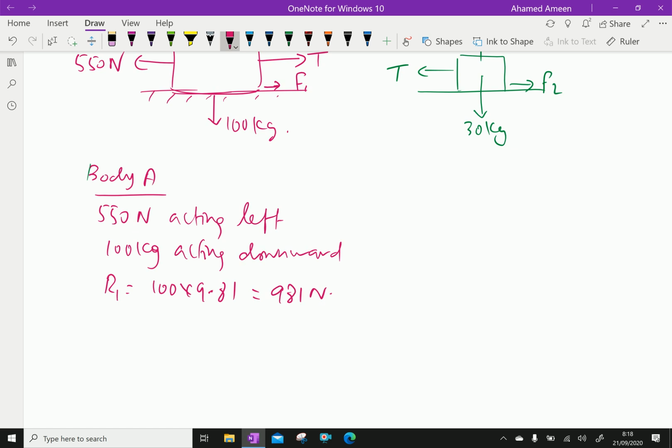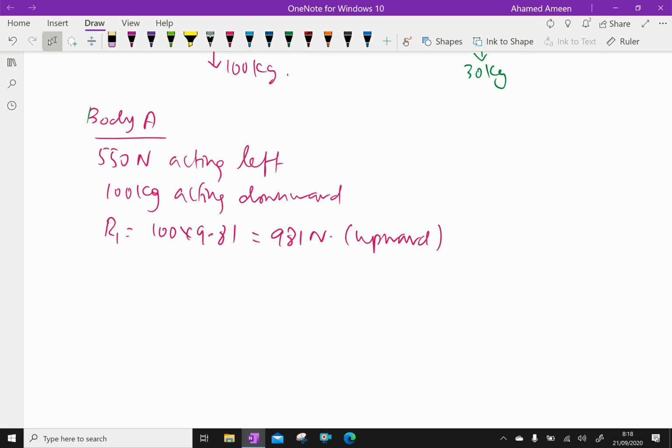Next, acting upward, force of friction F1 equals mu R1, which is 0.3 into 981.